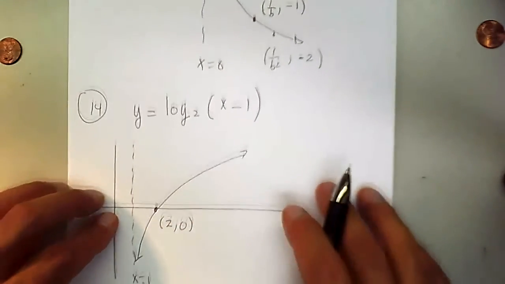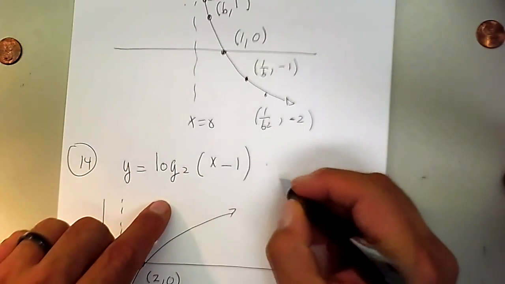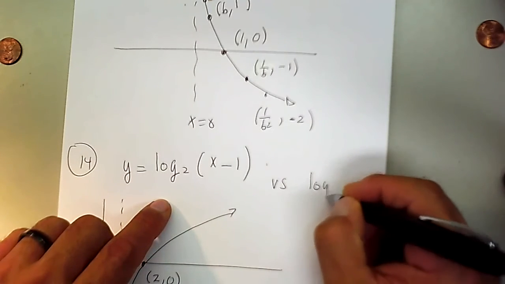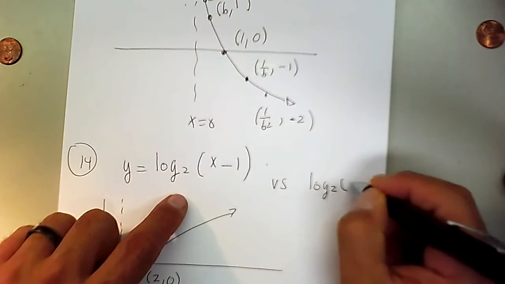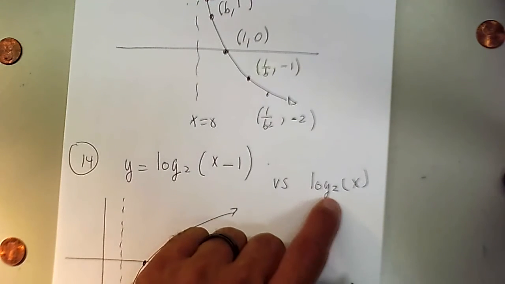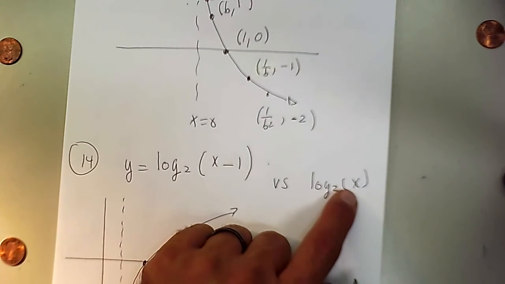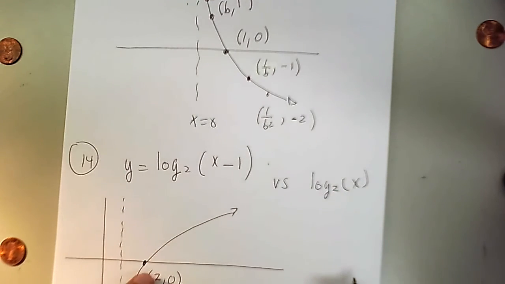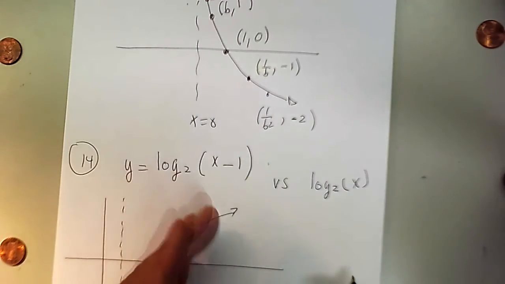Now, it may not hurt to compare this with the logarithm in base 2 of just plain x. The logarithm base 2 of plain x has an output of 1 when the input is 2. But now we are already at 2, and we're shifting everything 1 unit.